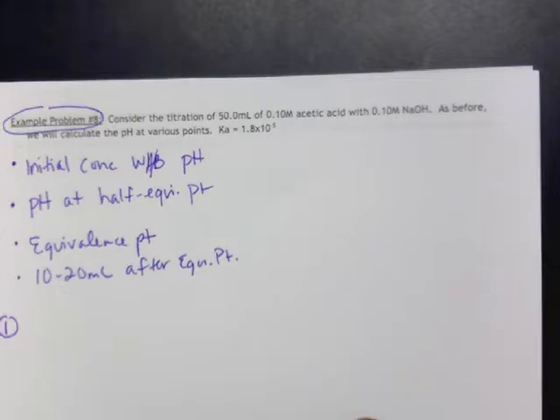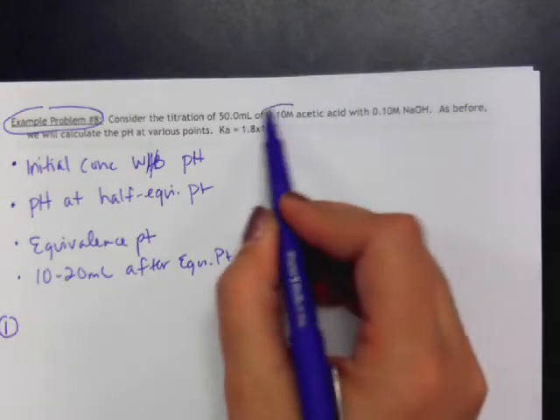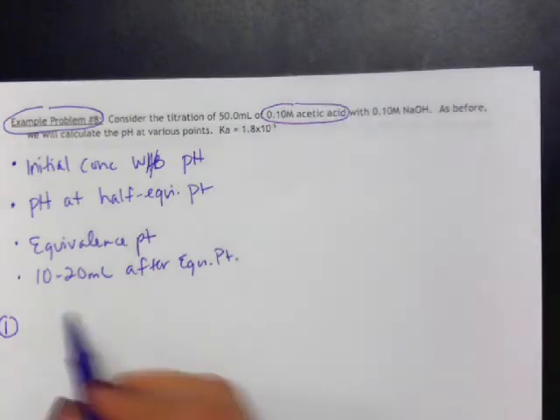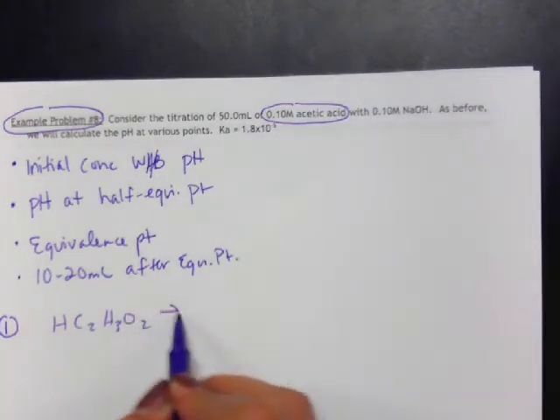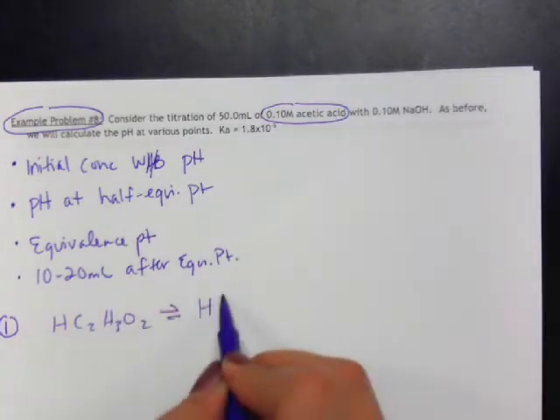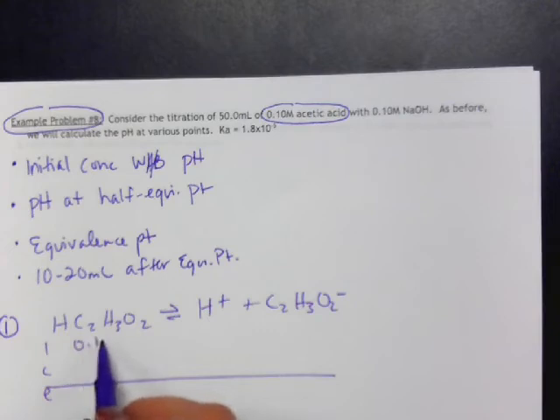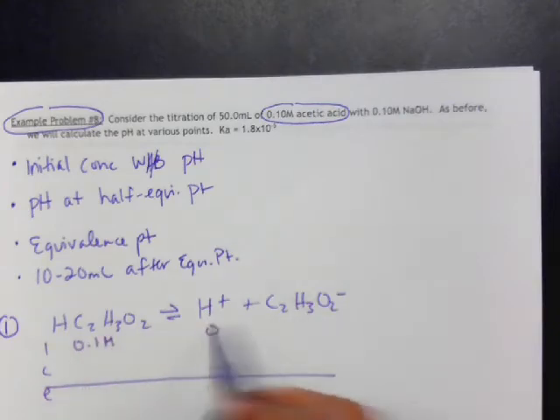Okay, so the first one, the initial concentration of the weak acid or weak base, is just the same kind of problems we've been doing, right? And so we have 0.1 molar acetic acid. So we write our ice chart for acetic acid dissociating. We have 0.1 molar. We don't have any of either of these.